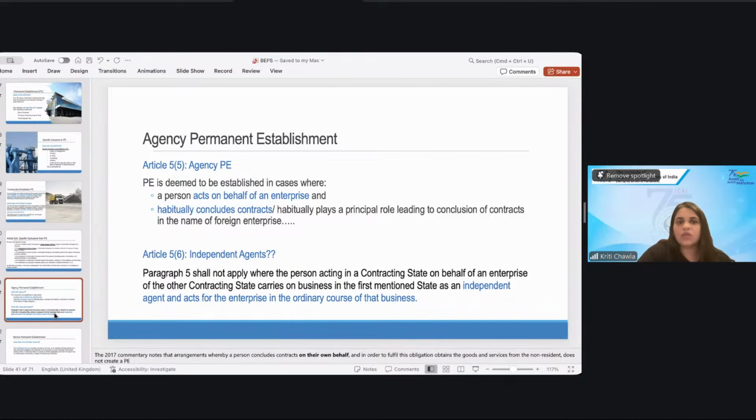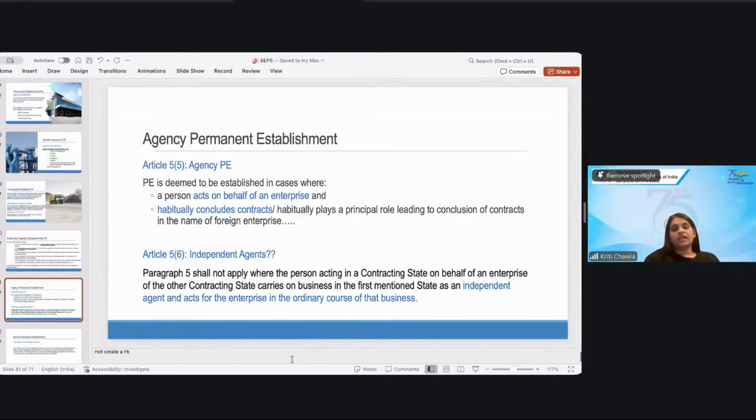PE will be deemed to be established in cases where there is a person acting on behalf of an enterprise and they habitually conclude contracts on behalf of the enterprise, or they play a principal role leading to the conclusion of contracts in the name of the foreign enterprise. Well, then it's going to construe a dependent agent PE. So if there is a dependent agent, then it's going to construe a permanent establishment. But then obviously there is also an independent agent.